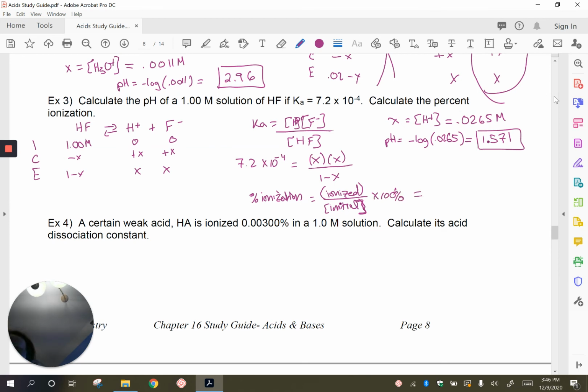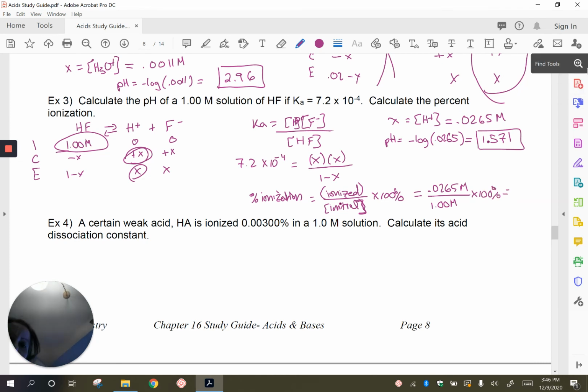And so what was ionized is basically the change, which is your x. So that is 0.0265 molar over my initial, which is 1.00 molar, times 100%. And so that gives me 2.65%.